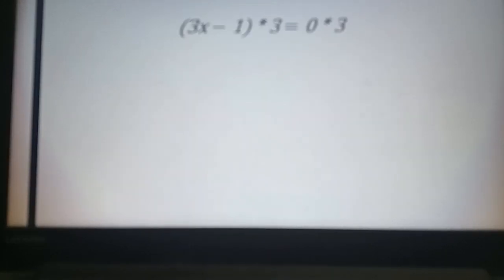I can multiply both sides by the same number. So, multiply by 3 and see what you get here. 3x minus 1 multiplied by 3. Again you get 9x minus 3 equal to 0 and you get the answer as 1 upon 3.